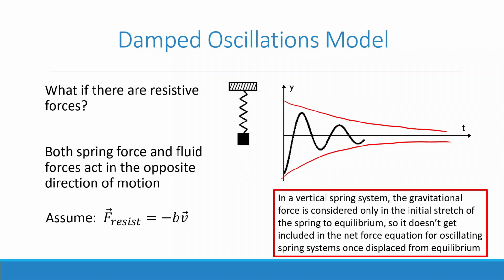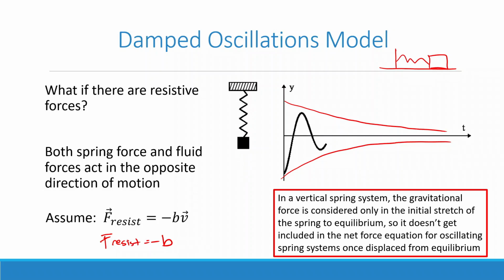Most of our resistive forces that we're going to be looking at are going to be dependent on the velocity that we have. It's possible that you could have a linear friction force for a mass that is on a table. And if that is just the friction force, then that is going to be a different model, because that friction force is just going to be F resist equal to negative b, some sort of constant.